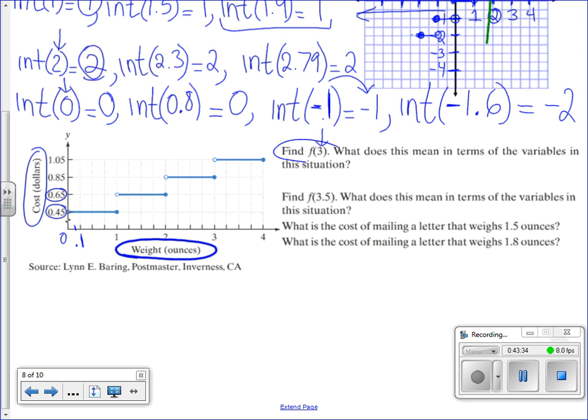Okay, so 3 is the weight. Very good. And what else do you say? Oh, okay. So the letter weighs 3 ounces. And we want to find what is the cost.